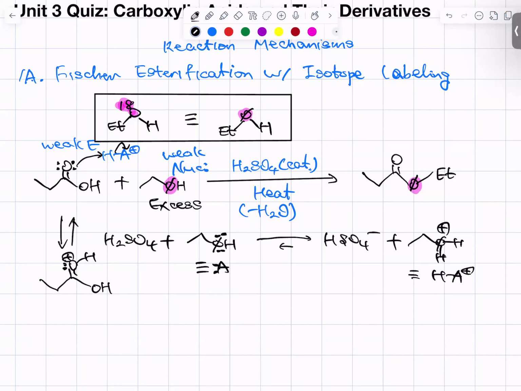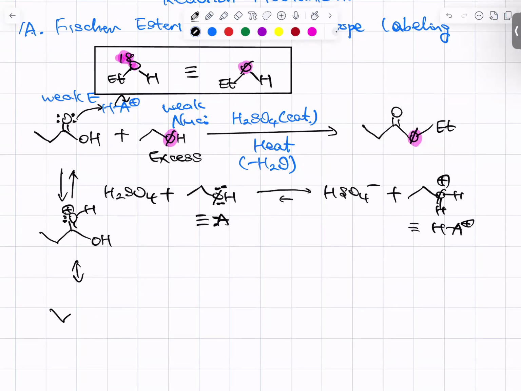This is reactive because we have a resonance structure right there. This one has OH and a carbocation, and this carbocation is the major representative of the resonance structure. Before, it was the minor representation.